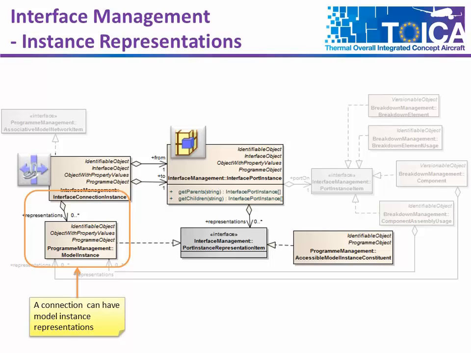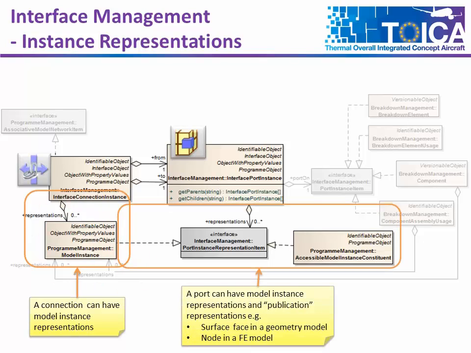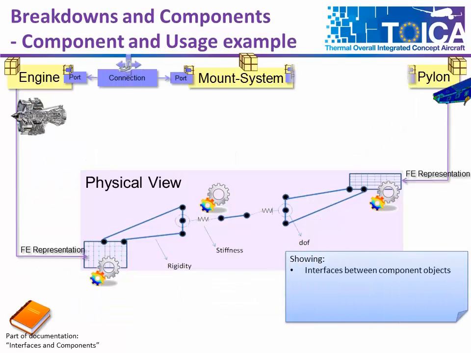Continuing, the connection instance can have representations which are model instances. A port instance can also have representations. These can be model instances, or they can be accessible model instance constituents, for example, a node within an FE model. As seen previously, there are connections between the components.